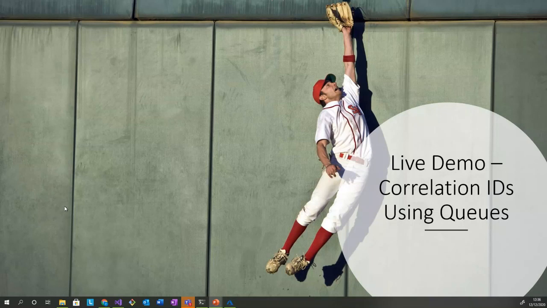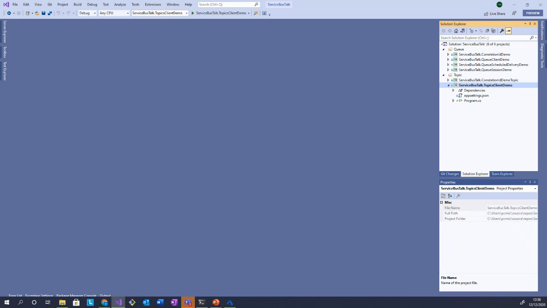Okay, so let's see how we can use correlation IDs using queues. Bring up my examples. Bear with me while I refresh the service bus. These demos work a lot better when the service bus is empty, otherwise it gets crowded with the relevant bits.